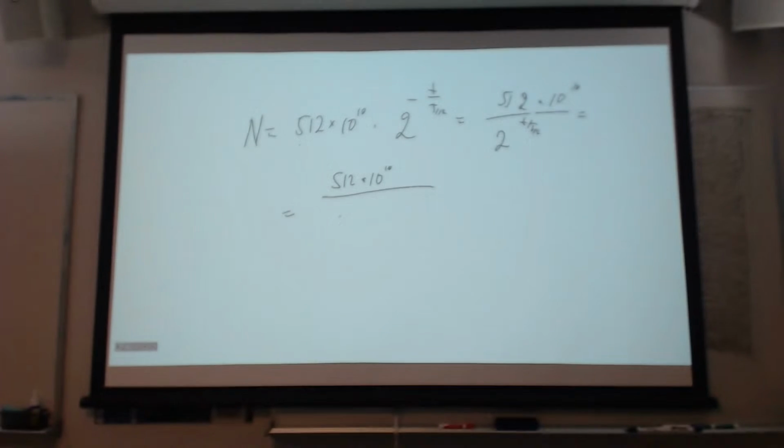So you need to wait 5 hours, and the half-life is 1 hour. 512 divided by 2 to the 5th.